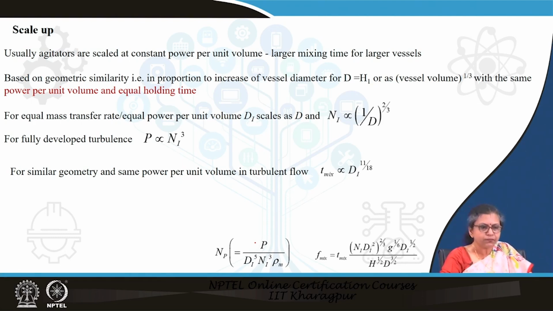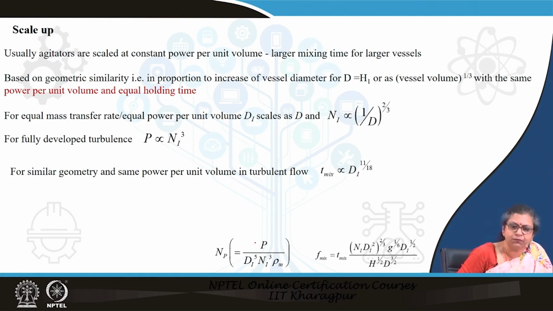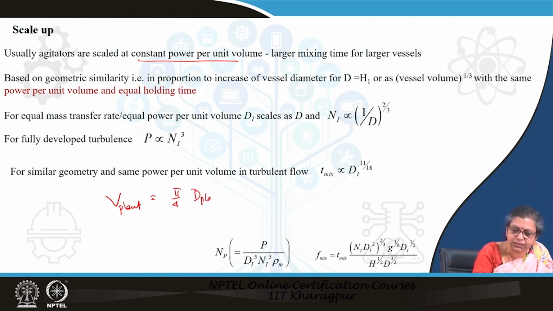So, generally for scale up, we assume that the larger vessel and the smaller vessel are both operated at constant power per unit volume, and then based on geometric similarity, we assume that for the larger plant it is equal to pi by 4 d plant cube, and for the smaller plant at the pilot plant scale, it is equal to pi by 4 d pilot cube.